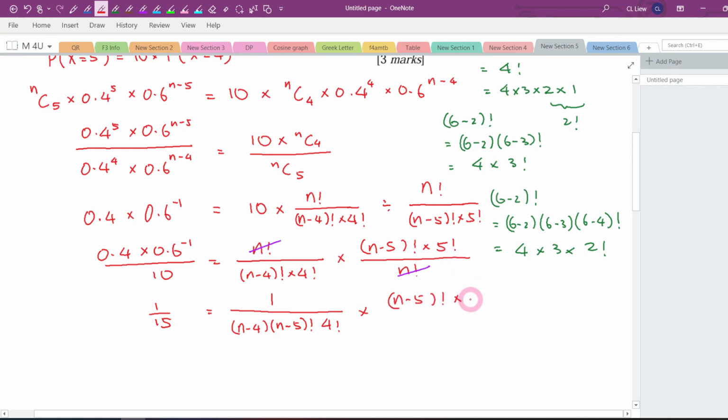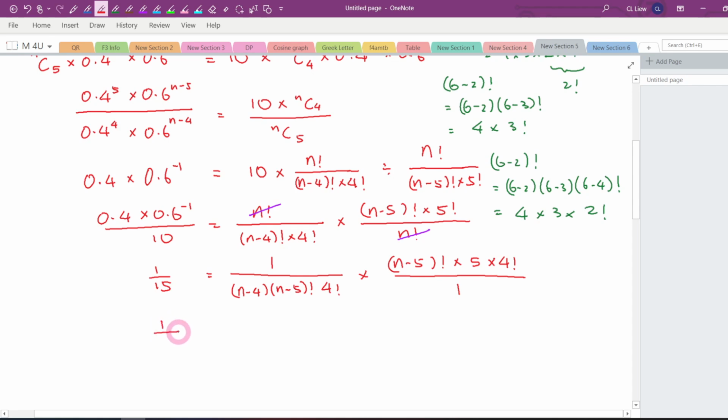The 5 factorial we can write as 5 times 4 factorial over 1. Why do I want to do so? Because I want to simplify them. Now n minus 5 factorial and n minus 5 factorial, simplify them. 4 factorial, 4 factorial. So eventually we are left with 5 on the top and at the bottom here is n minus 4.